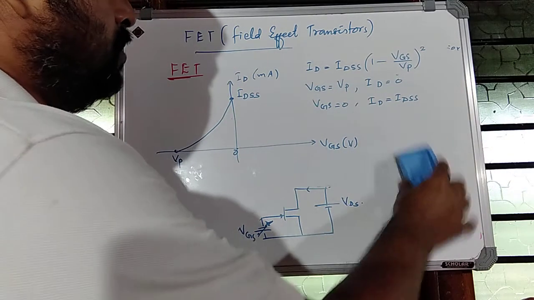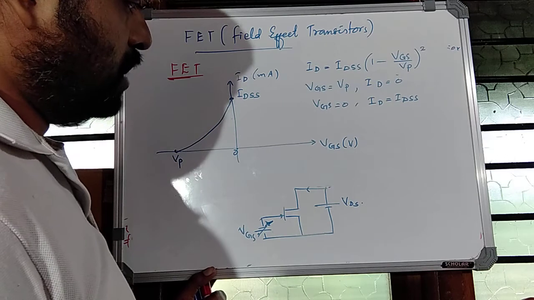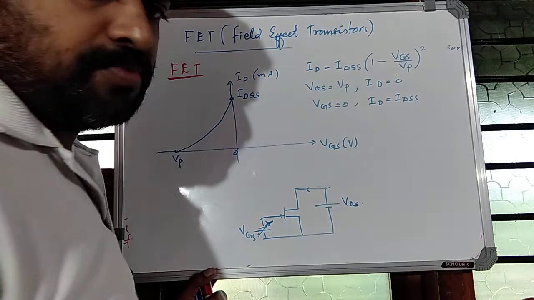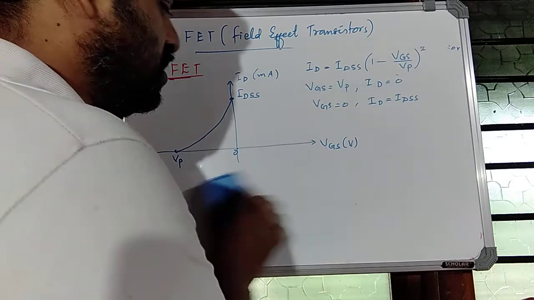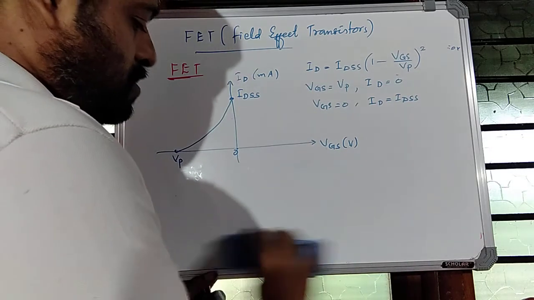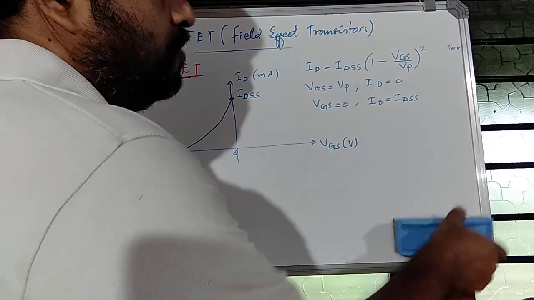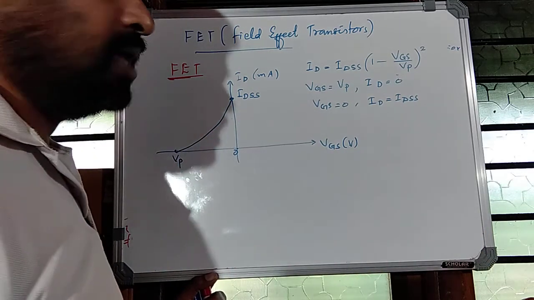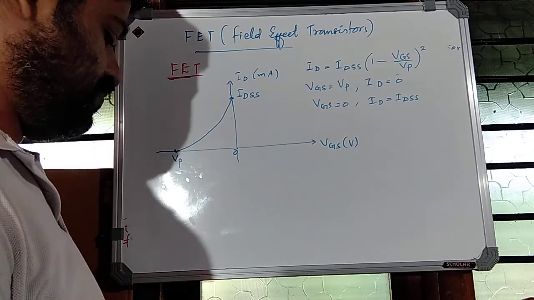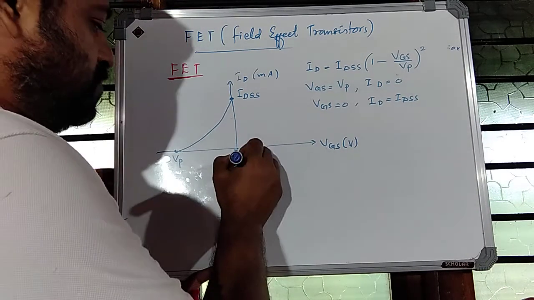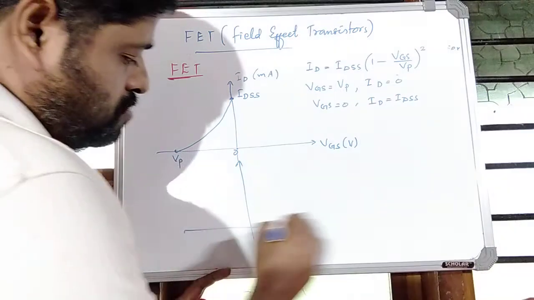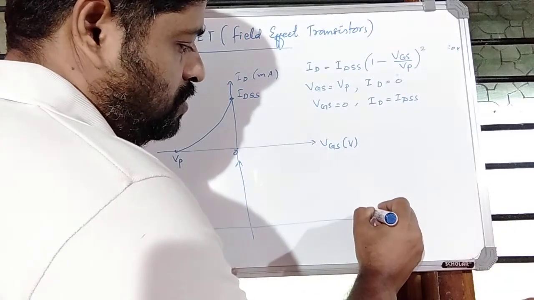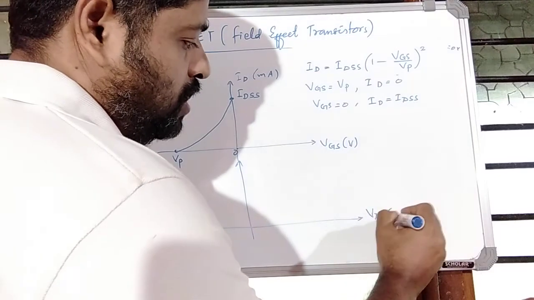Now we'll discuss VDS versus ID. Let us see what happens when we increase VDS. When we increase VDS, at a point when VDS becomes equal to the pinch off voltage, ID becomes a constant value, that is drain side pinch off.